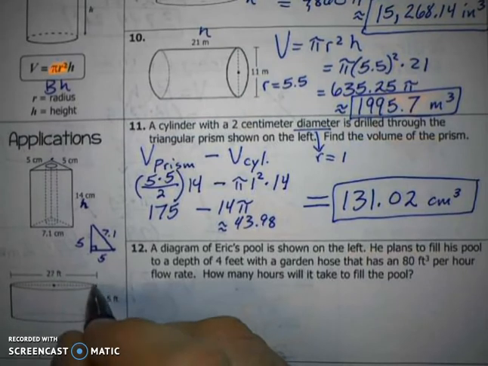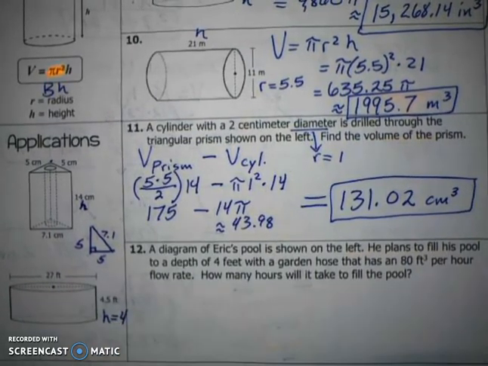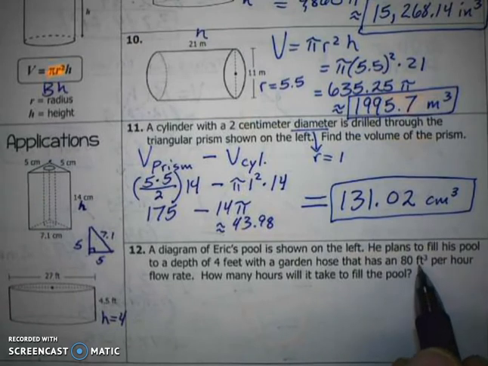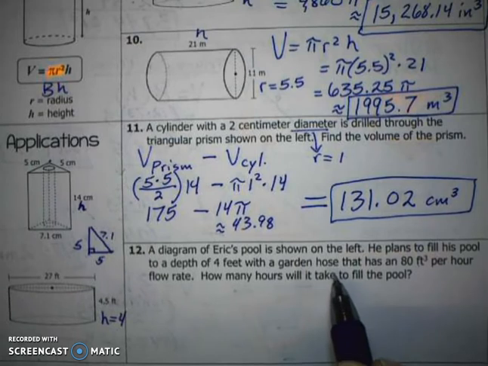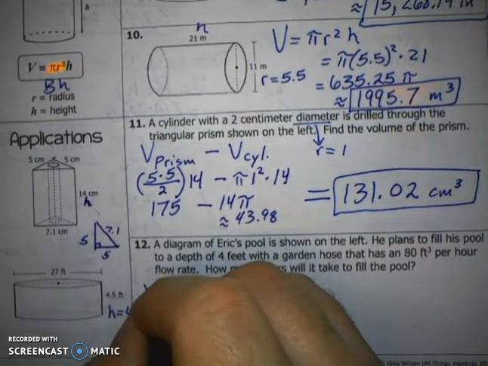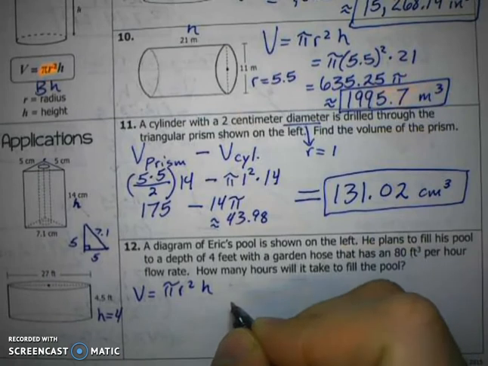So even though the tank or the pool is 4.5 feet, we're only using a height of our cylinder of 4 feet, okay? Because I want the volume of water in cubic feet, or feet cubed, so I can know how many hours it's going to take. So the first thing to do is to find the volume of that pool. Okay, again, using the volume of a cylinder, pi r squared h.